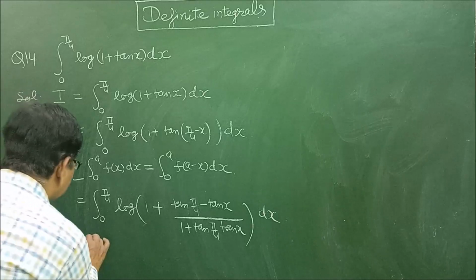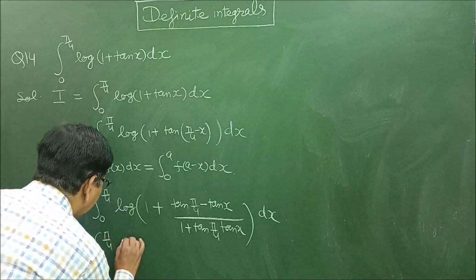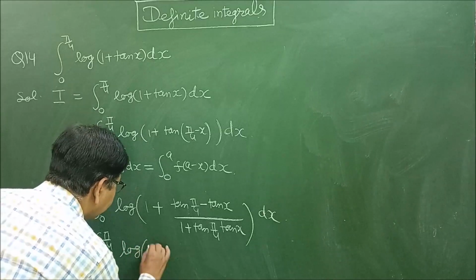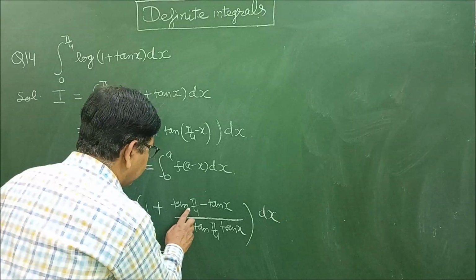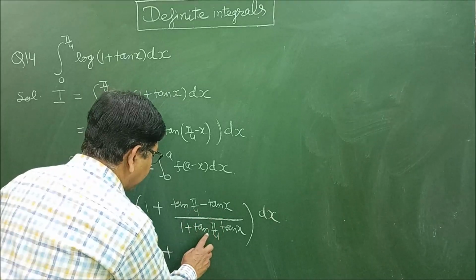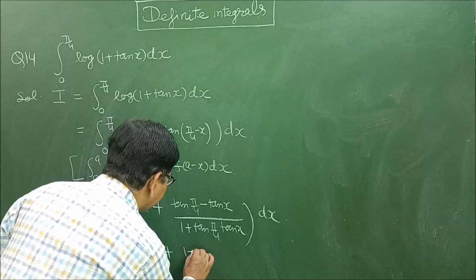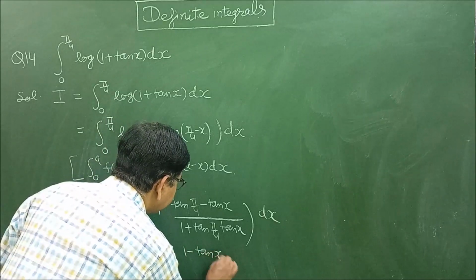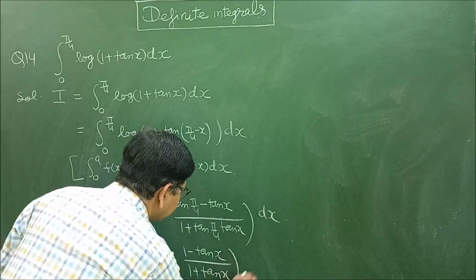Now this is also equal to the integral from 0 to pi by 4 of log of (1 + (1 minus tan x) upon (1 + tan x)) dx, since tan pi by 4 is equal to 1.